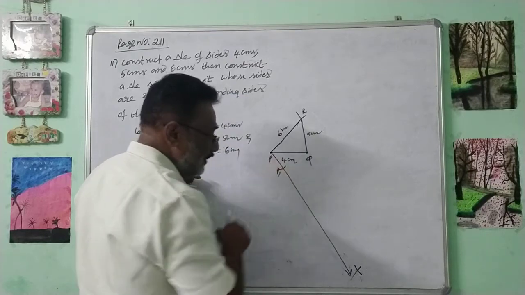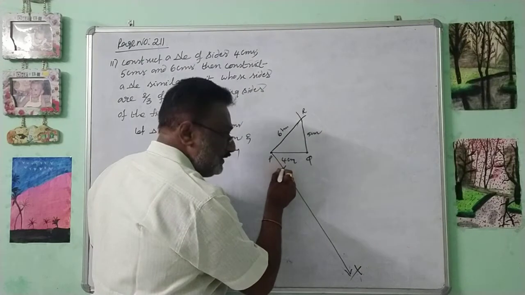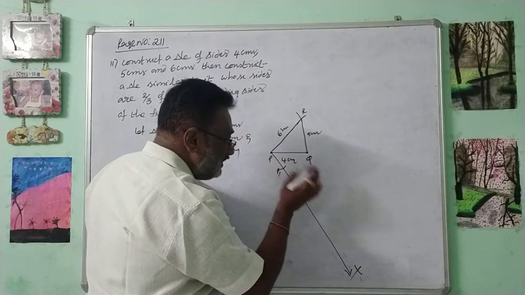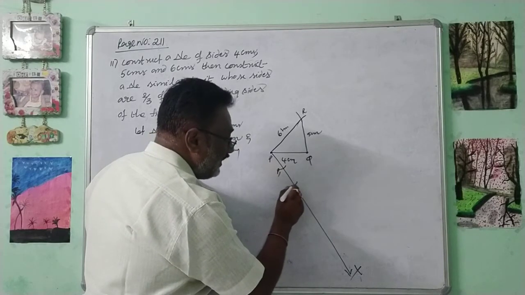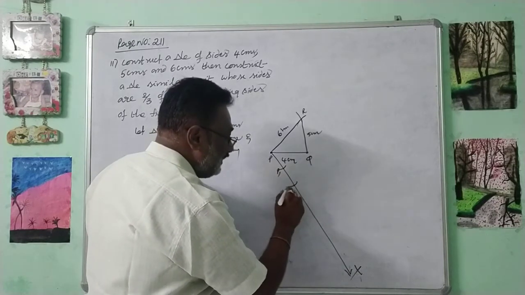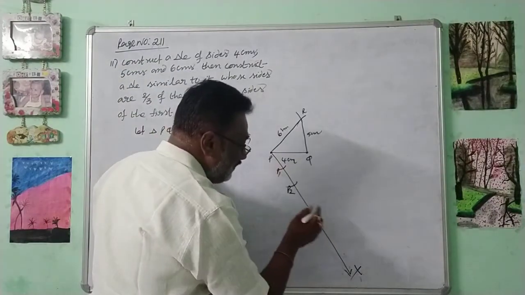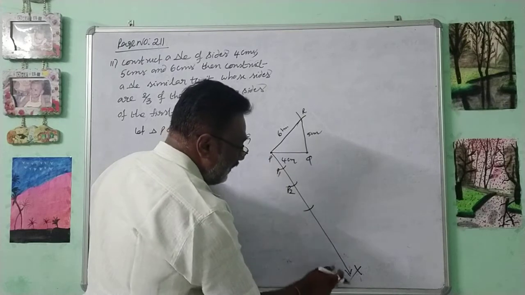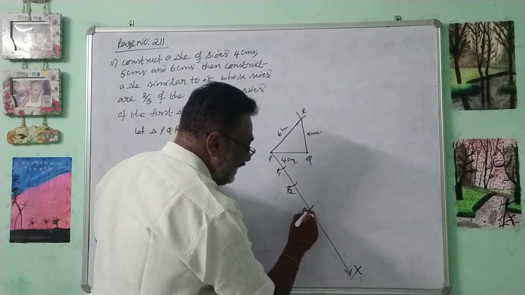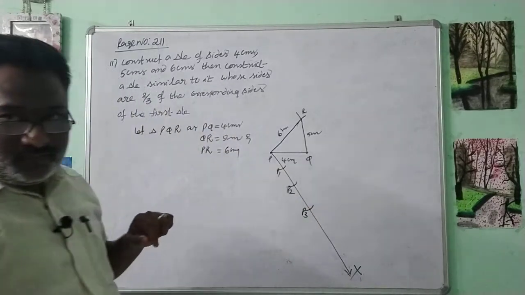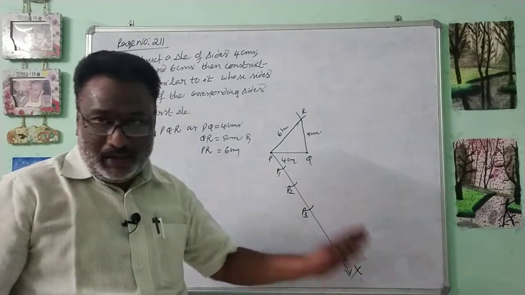That point I am taking as P1. And by taking this P1 as center and with the same radius we need to draw one more arc on the ray Px, and where this arc cuts the ray Px, that point I am taking as P2. Now with P2 as center and the same radius we need to draw one more arc on the ray Px, and where this arc cuts the ray Px, that one you need to take as point P3. That's all. So making 3 equal parts on the ray Px is over.